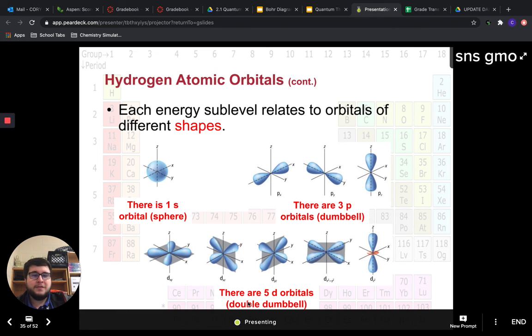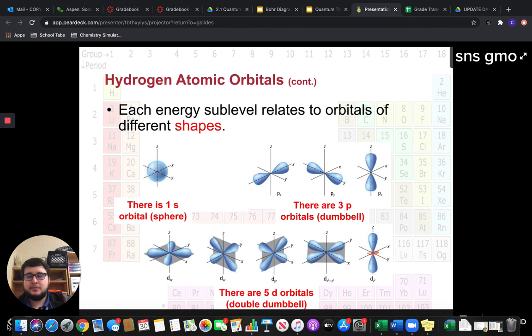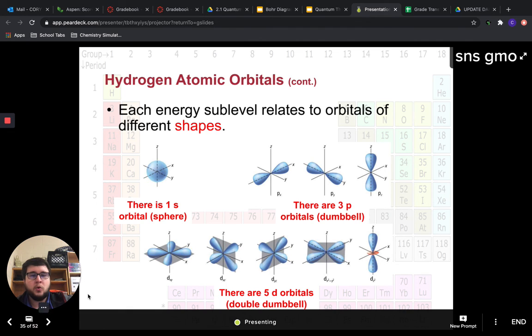And then there are 5 d orbitals that are shaped like double dumbbells. You can have this orientation, this orientation, this one, or finally this one. So notice the pattern: 1 s, 3 p's, and 5 d's. These are all orbitals where electrons can live.